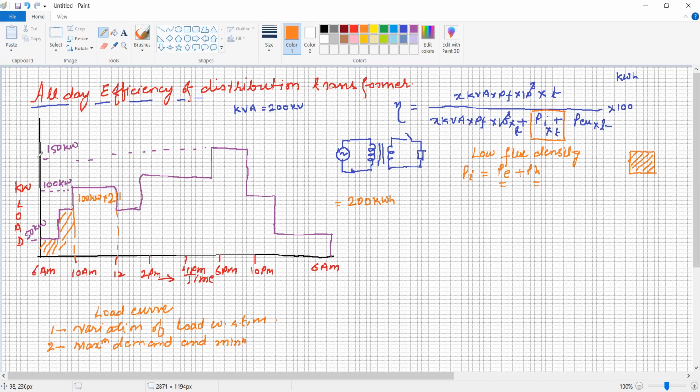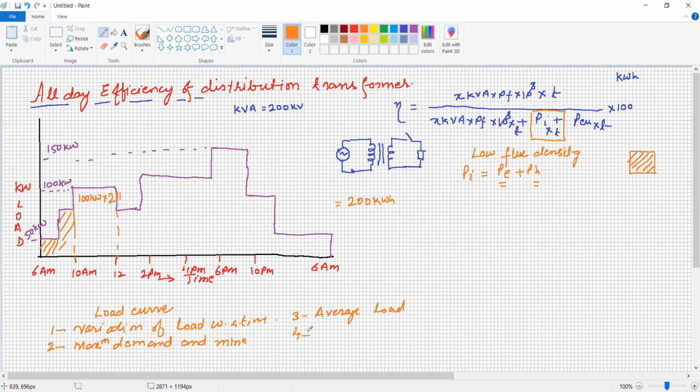Here the maximum demand is 150 kilowatt and the minimum demand is 50 kilowatt. Third information, the average load. Average load means the total load divided by 24 hours.